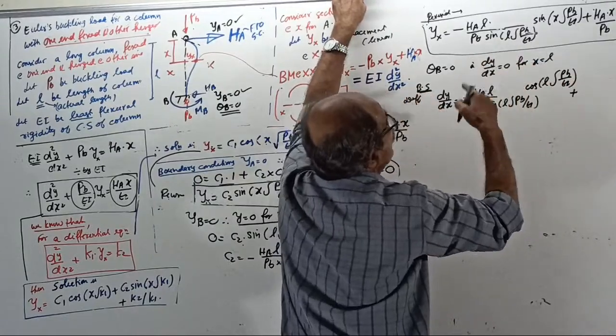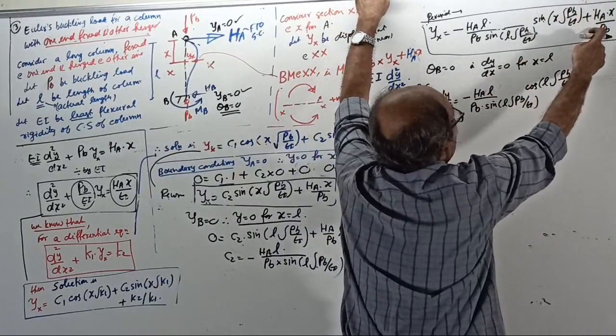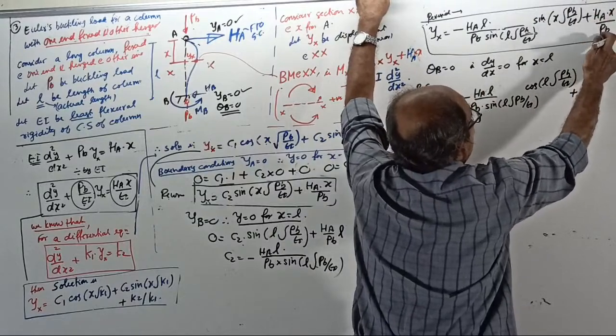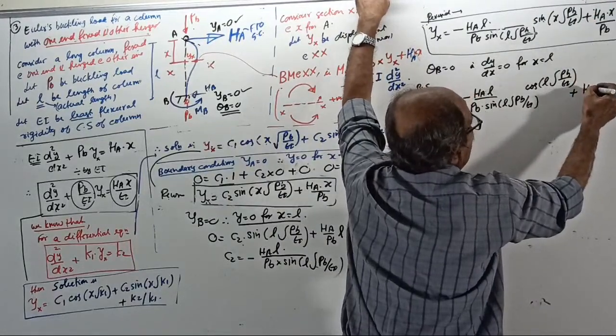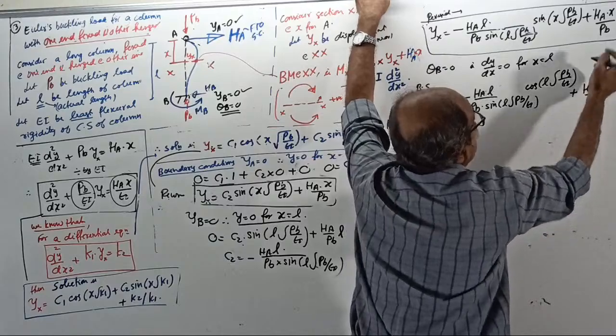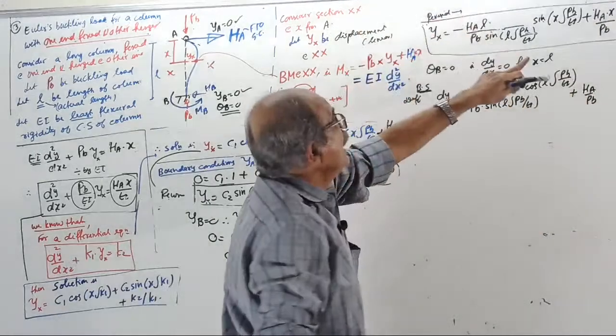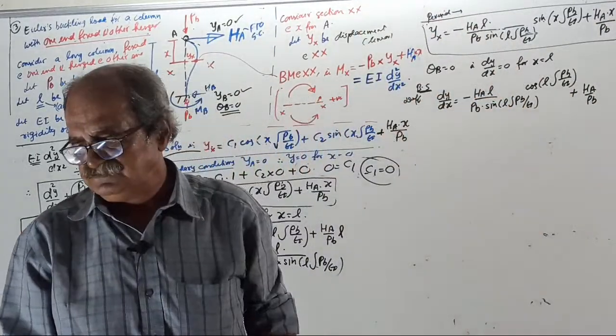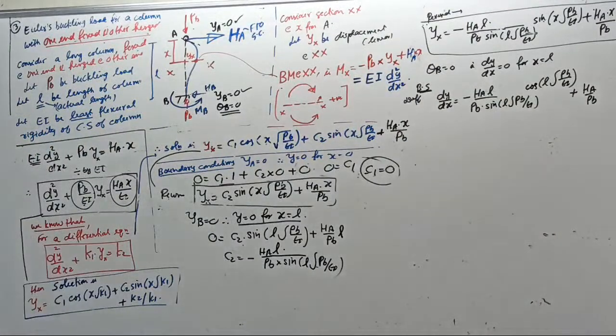Plus what? When you differentiate this one, HA by PB into X will become HA by PB, since X will become 1. Clear? X will become 1 when you differentiate. That is also important. Clear now? If clear, I will go to the next step.